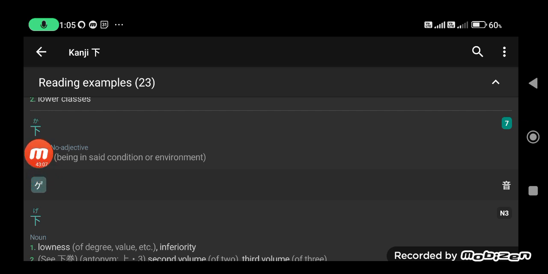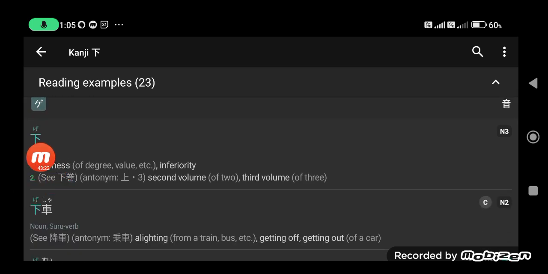And the ka here, when this kanji is used as a suffix, the reading is ka, that being said, in condition or environment. The ge, so another onyomi reading, ge, means slowness in degree or value, inferiority.